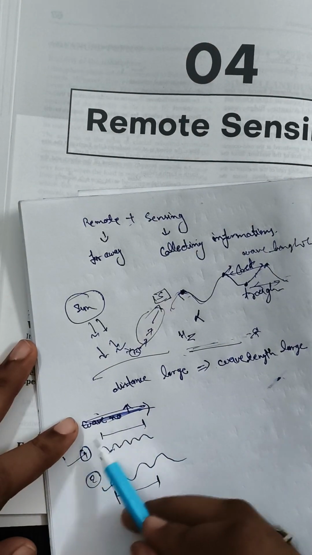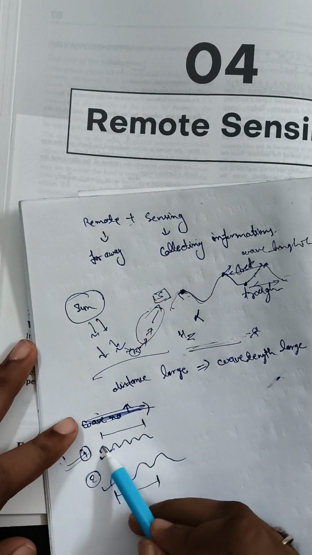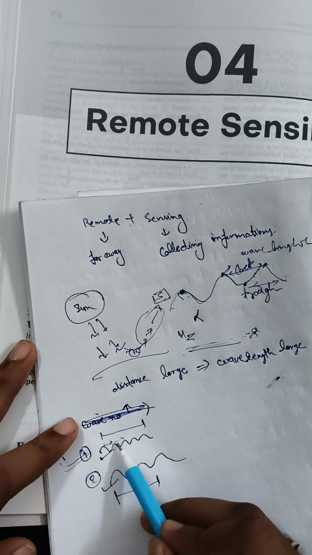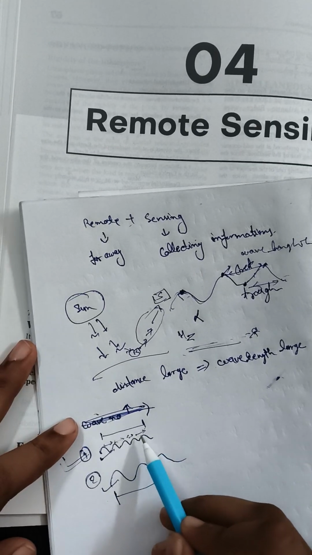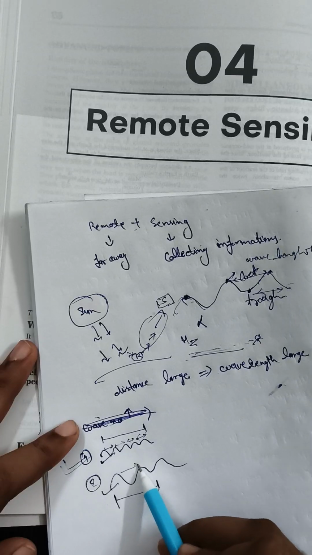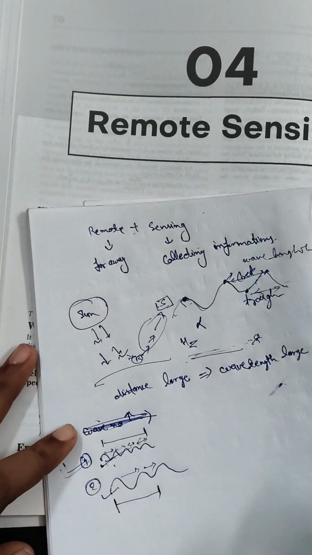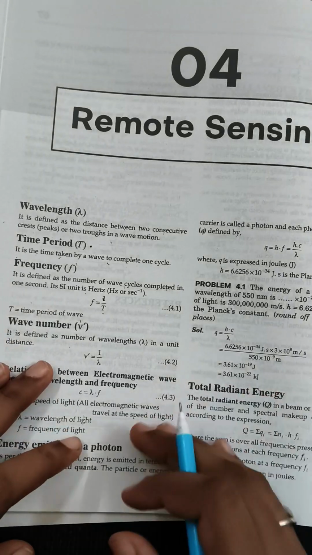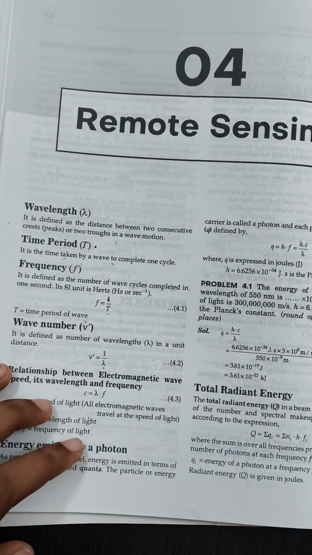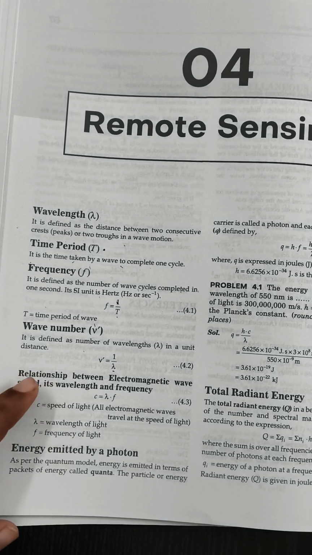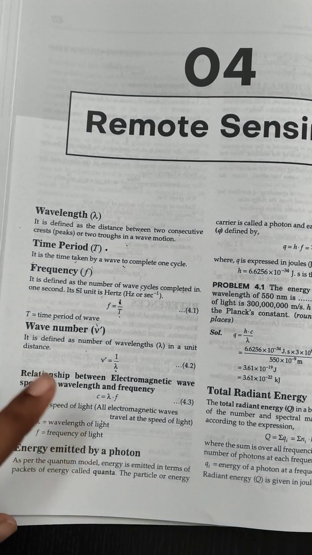In this case 1, how many wavelengths do we take? 1, 2, 3, 4, and in this one, 1 and a half. So if the wavelength increases, the wave number decreases.